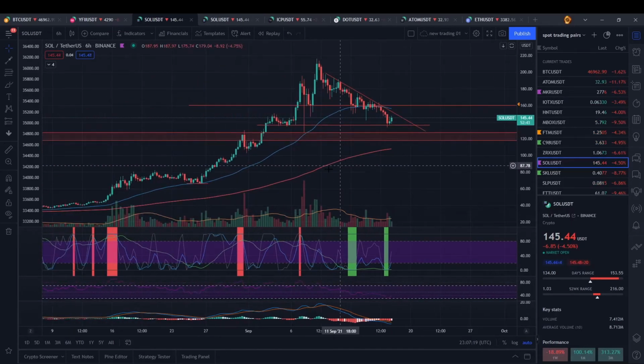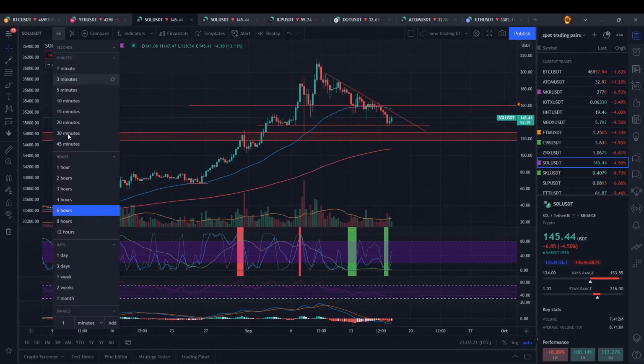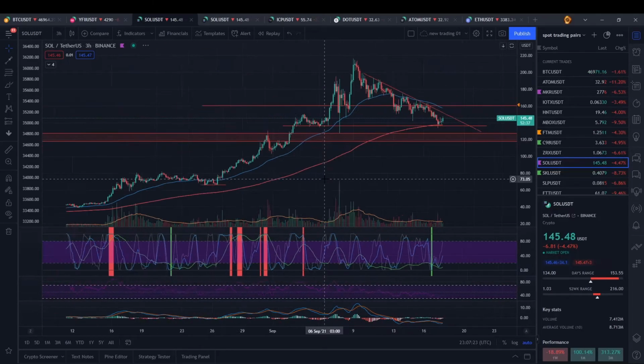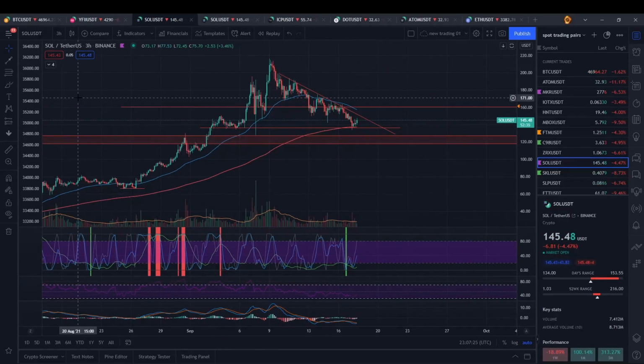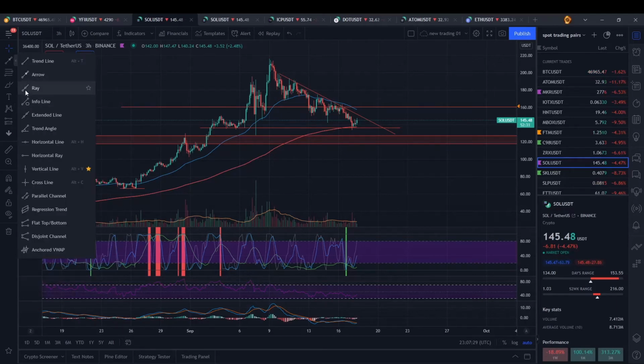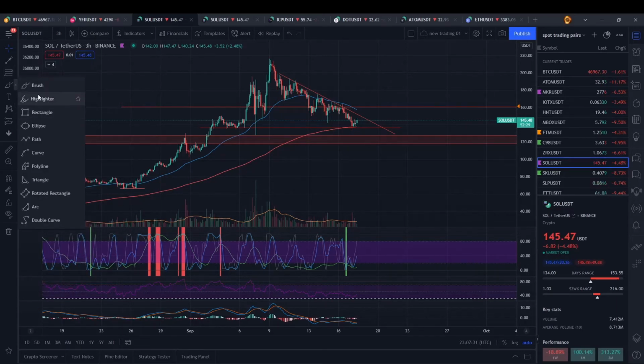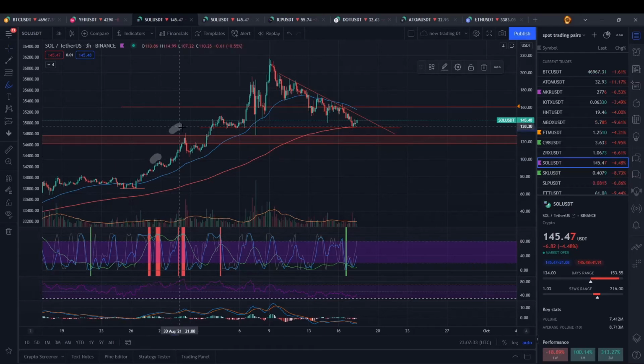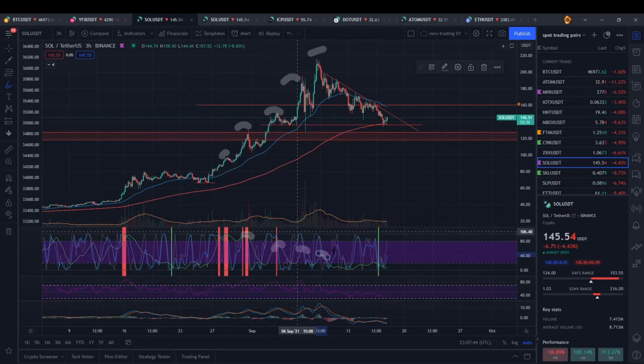Okay, and if you look at the 3 hour, for example, you will see what I meant with the systematic divergence, or this pattern I mentioned here. You will see we were making higher highs on the price action while making lower highs on the green curve. Every one was lower than the one before it, so it was very visible that we're going to get a flattening of the green curve.